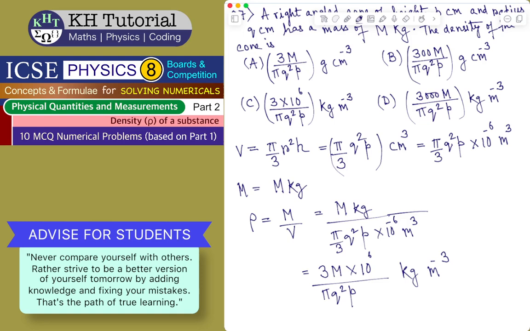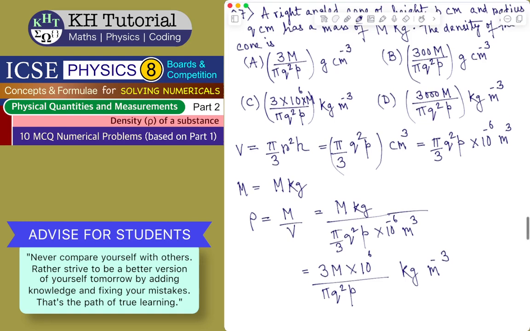There should be 1 multiplied by M. I think I made a mistake while giving the choice. So I think the density is matching with choice C. Since we have 3M multiplied by 10 to the power 6 divided by pi q square p, it is matching with choice C.